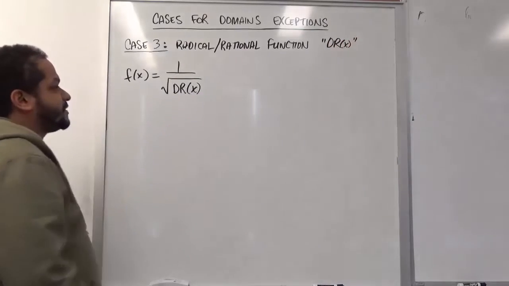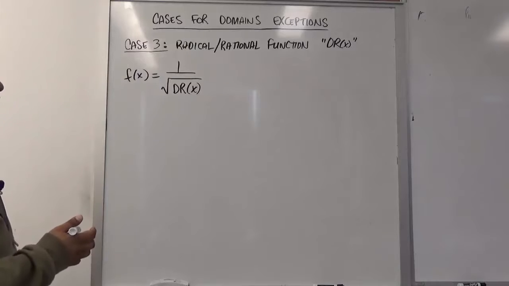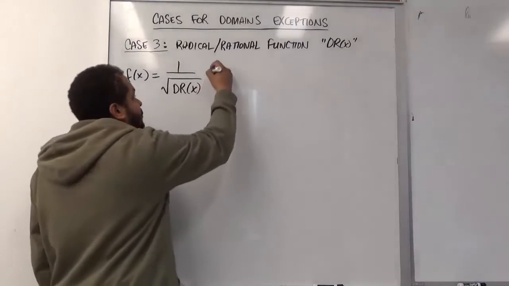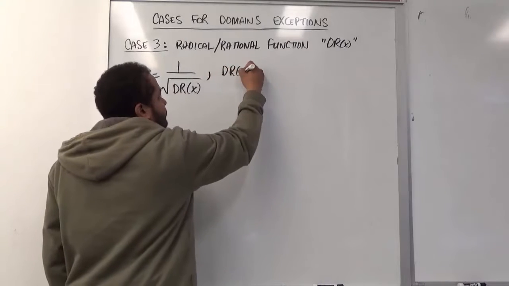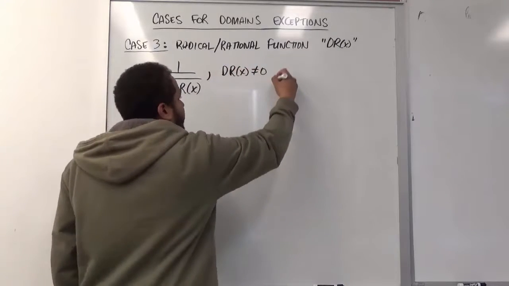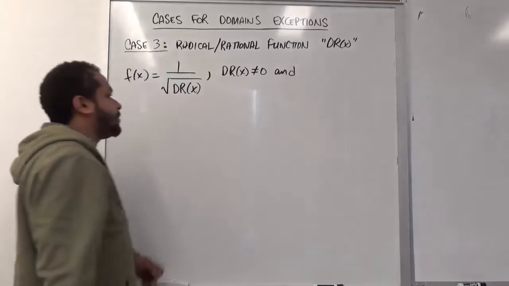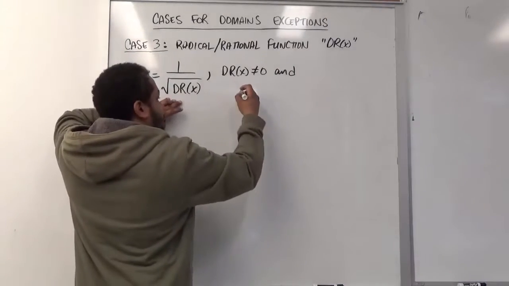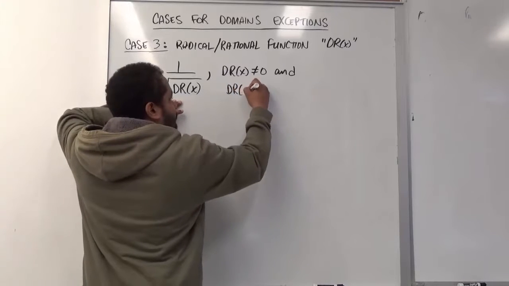And so in this case, very similar to the rational expression, we know that the denominator cannot equal 0, right? So we know our DR of x cannot be 0. And we also know that when we deal with square root functions, the inside function must be greater or equal to 0.